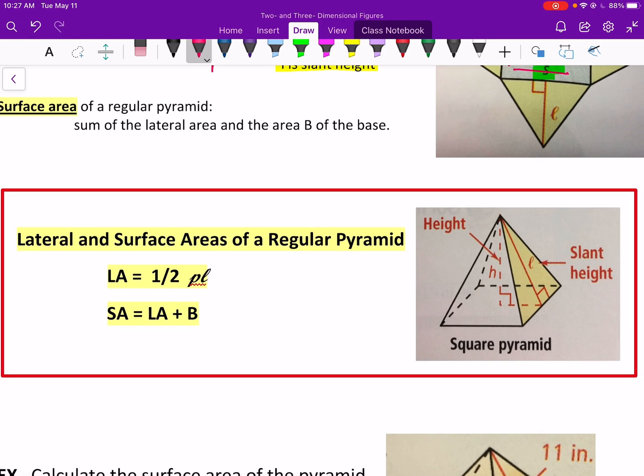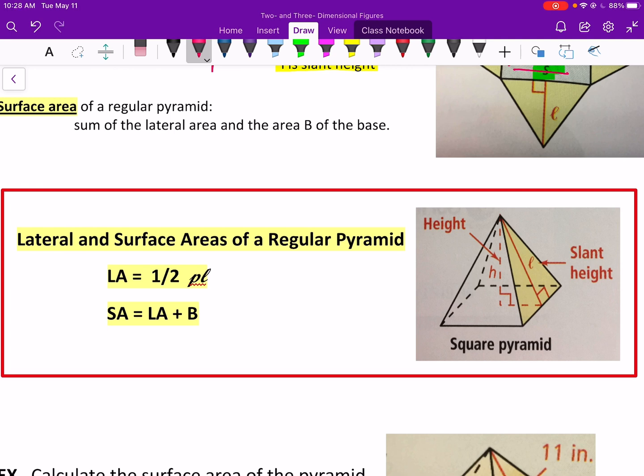Of a regular pyramid with height H and slant height L, the lateral area is 1/2 the perimeter times the slant height. Remember that comes from taking each of the congruent triangles, and they're all the same size all the way around the outside.